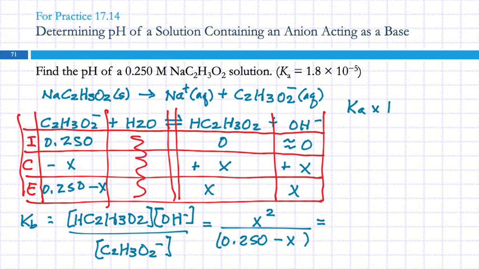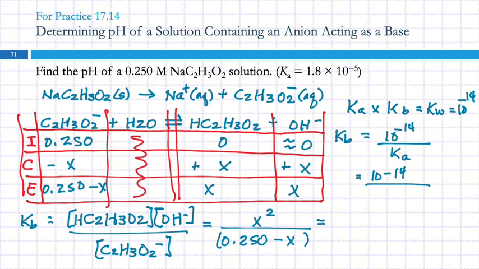Ka times Kb equals Kw. Kw is 10 to the minus 14. So Kb is equal to 10 to the minus 14 divided by Ka, which was 1.8 times 10 to the minus 5.